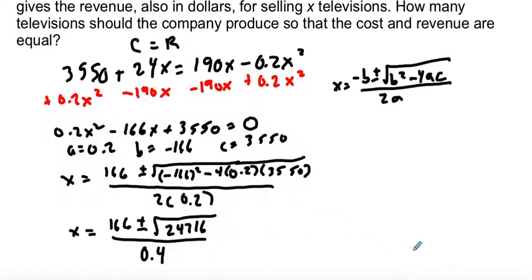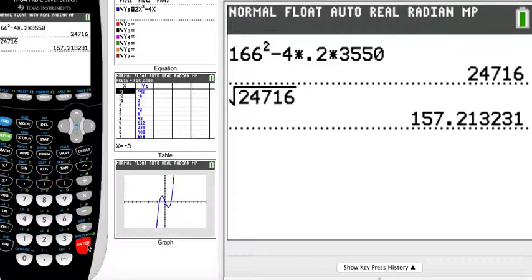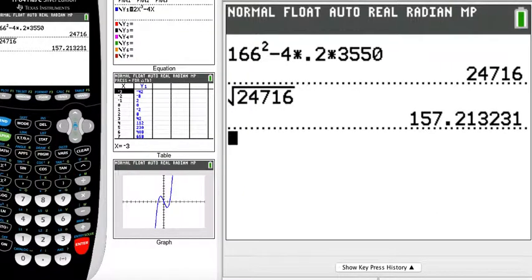So now on my calculator I'm going to see what the square root of 24,716 is. I'm not getting a very nice answer.